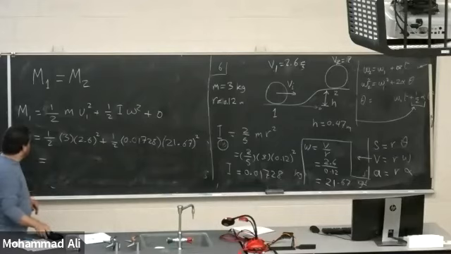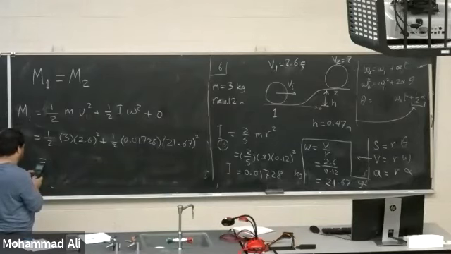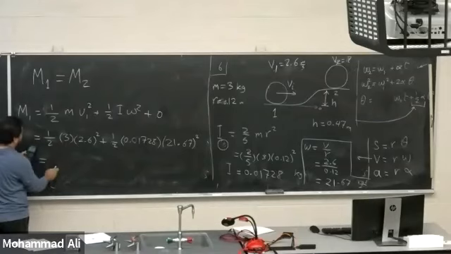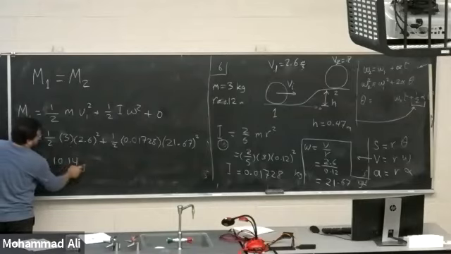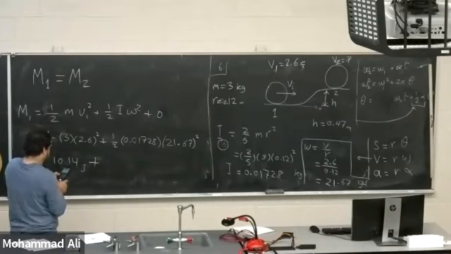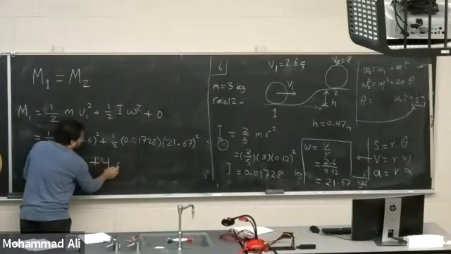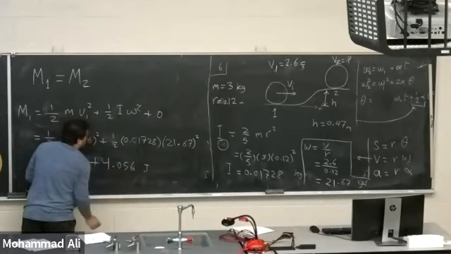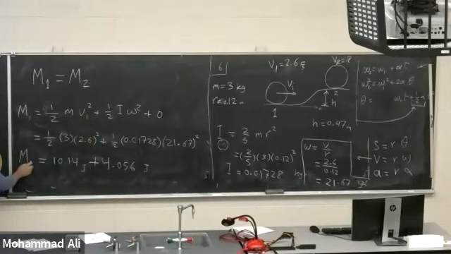I will compute them like this. This is 10.14 joules plus 4.056 joules.